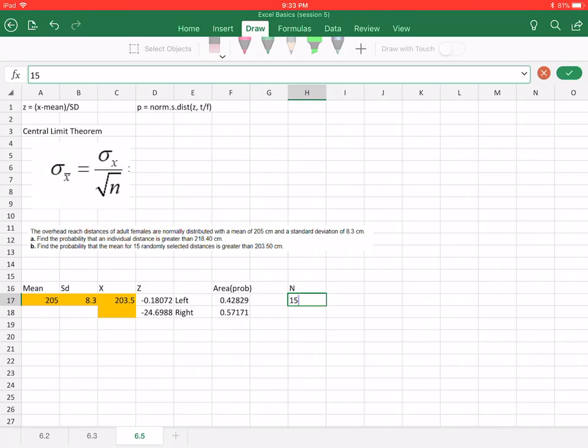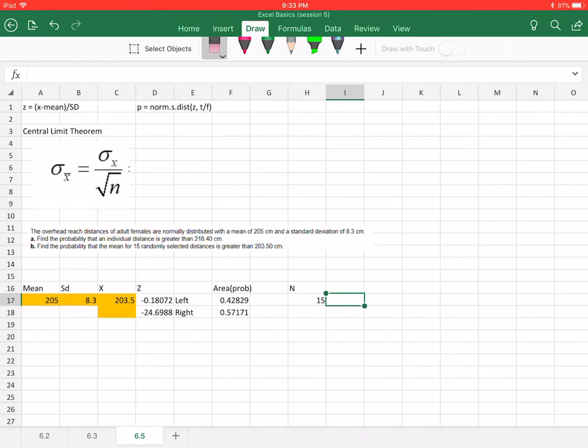So if we read it again, the mean for 15 randomly selected, so that means we're selecting 15 people. I give you the formula here, so we need our n for this part right here. Remember, theta is just standard deviation. So if we have the standard deviation of x, then that is going to be the standard deviation that you have originally. So this is the original.